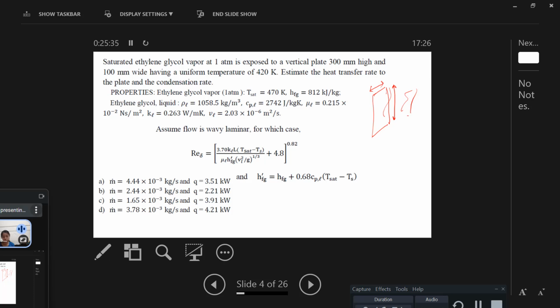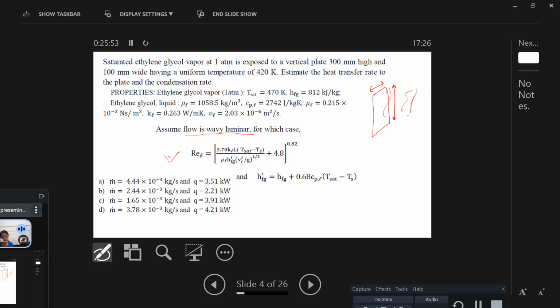Now ethylene glycol vapor properties are given. They have given a formula for Reynolds number, considering it to be a laminar flow.